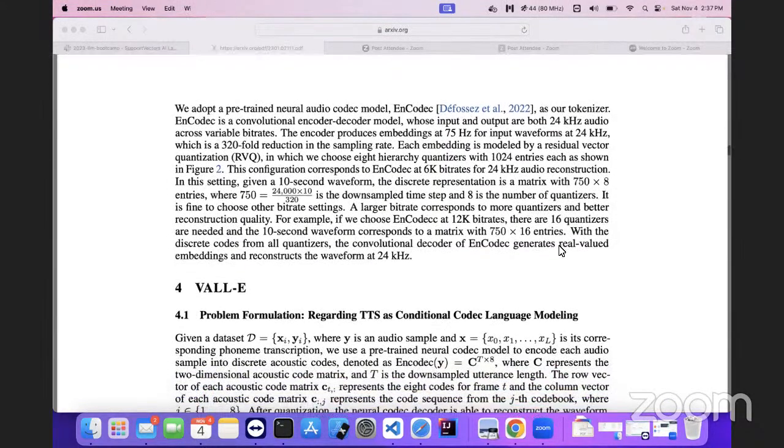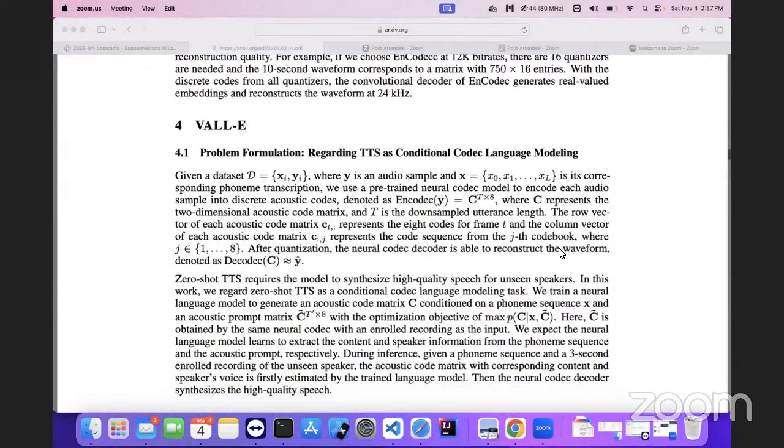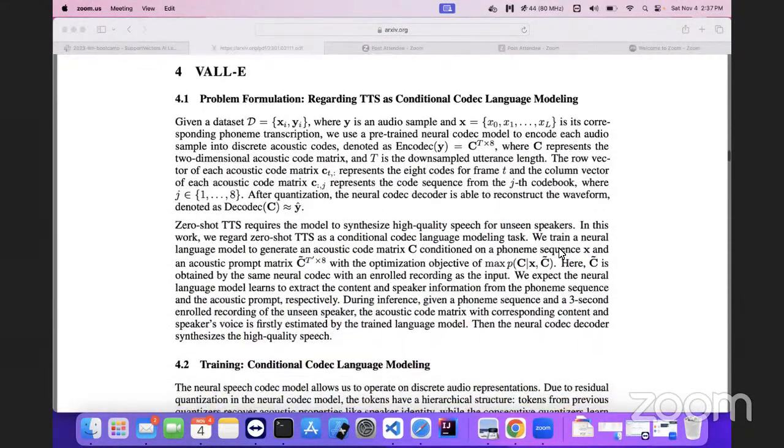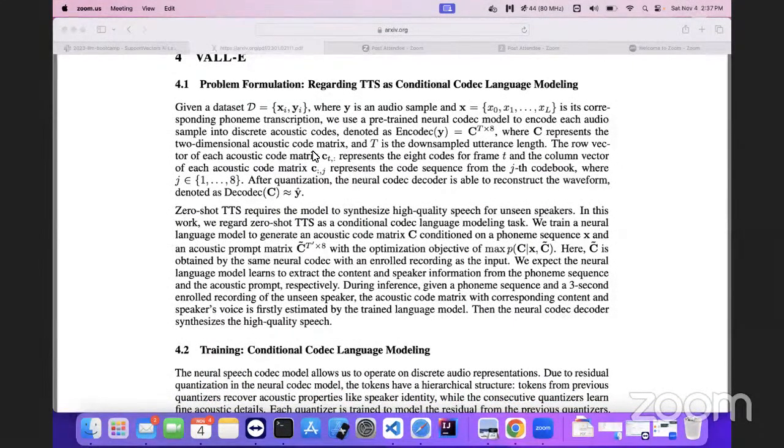So now coming to the problem formulation, the VALL-E paper, what they're doing is, this is the key point. Their data set that they use for training is pairs of X and Y. What is X? X here is the phoneme transcription, and the corresponding audio sample is the Y. They have this 7,000-plus speakers audio data.